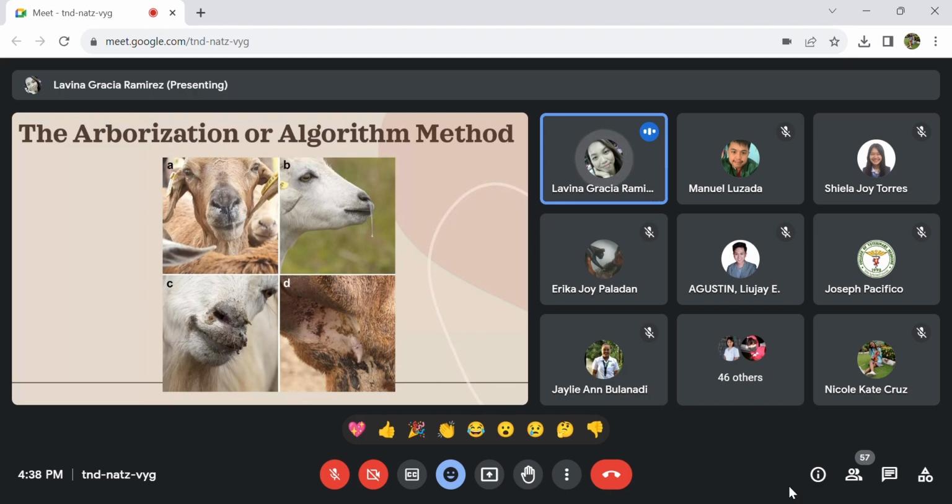I got this picture from a research, and this disease is peste des petits ruminants. This is one of the manifestations in goats.